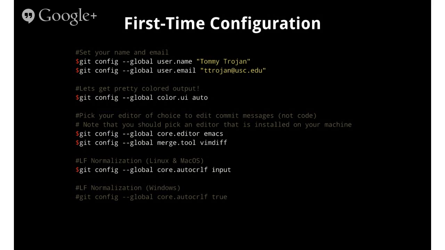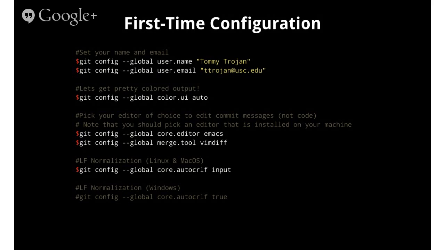Okay? So remember when we said that Git actually wants everything exactly in, exactly out? Well, what if you have people developing on a Mac and then committing code, and another one on a Windows machine developing code, and another one on a Linux machine developing code? Which one are we going to use? Git will take care of that. That's why we have the auto carriage return line feed.